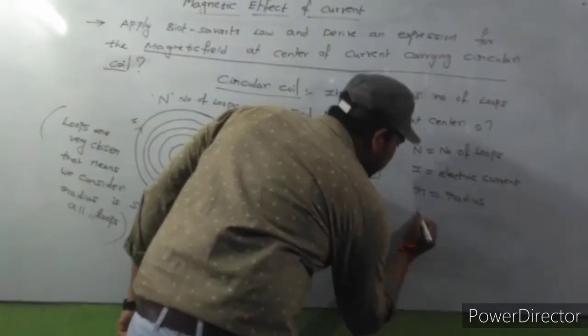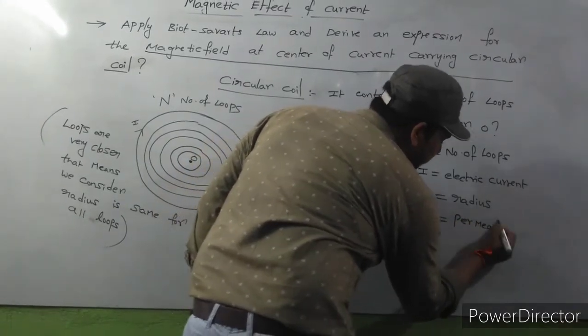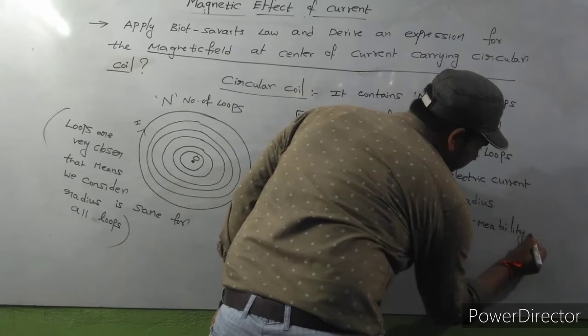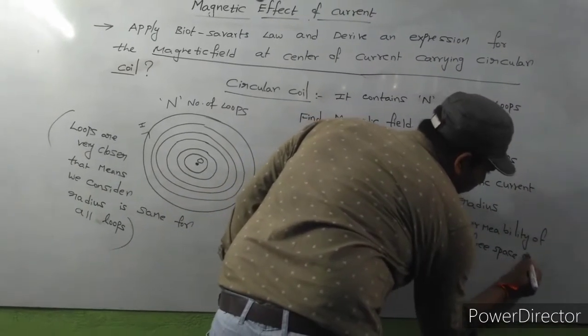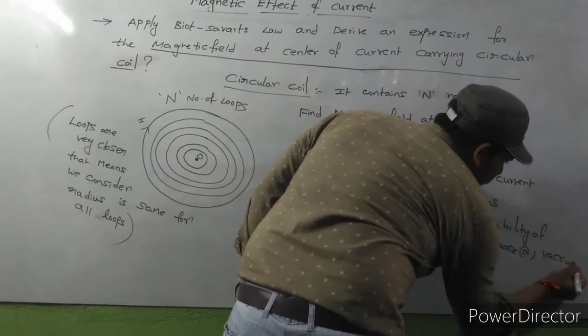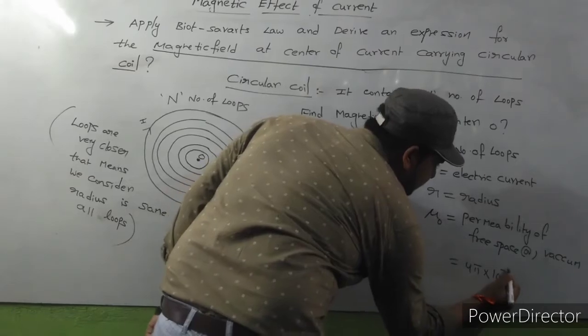Then mu naught means permeability of free space or vacuum. Mu naught value is 4 pi into 10 power minus 7.